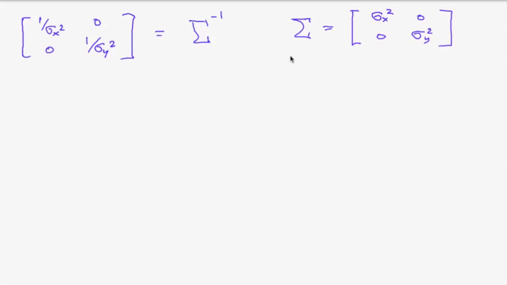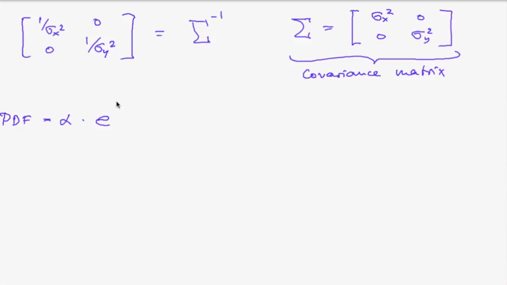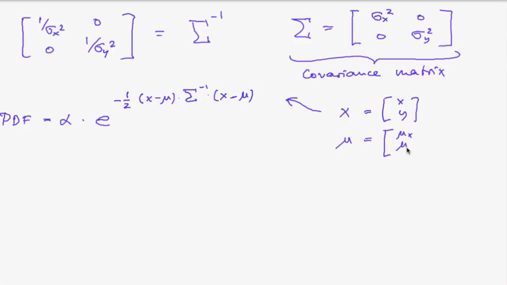And so we see if our covariance matrix looks like that, then our probability density function will be some normalizer times e raised to the power of -1/2 times (x minus mu) transposed times sigma raised to the power of -1 times (x minus mu), where now we use a vector form and x equals our (x, y) and mu equals (mu x, mu y). And since we use column vectors, we need a row vector here and we have to transpose this.